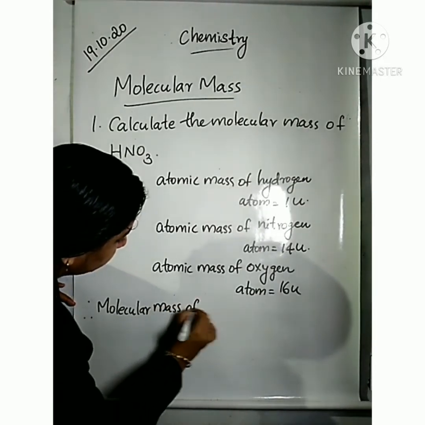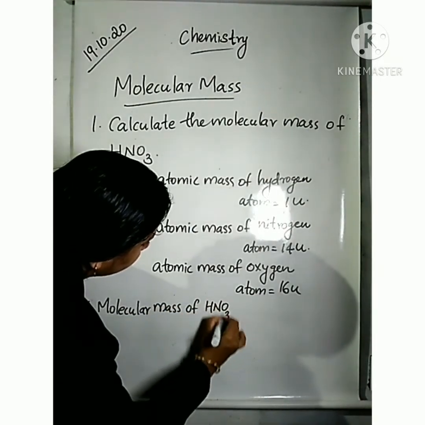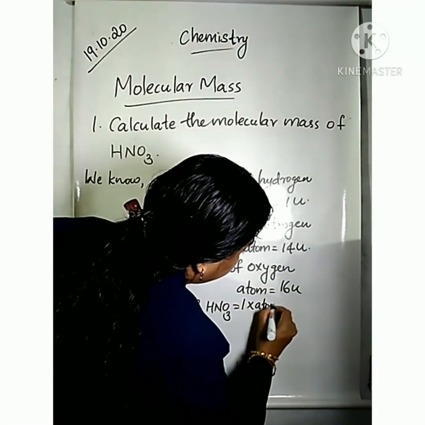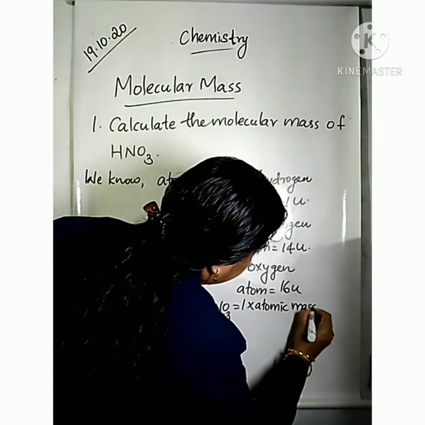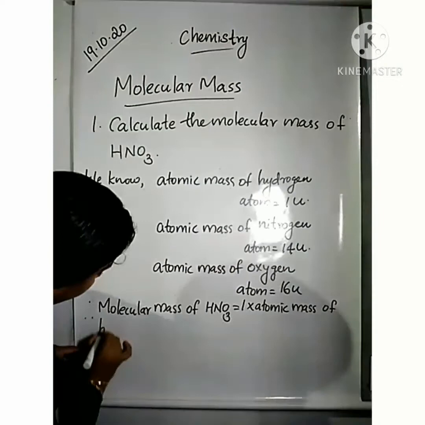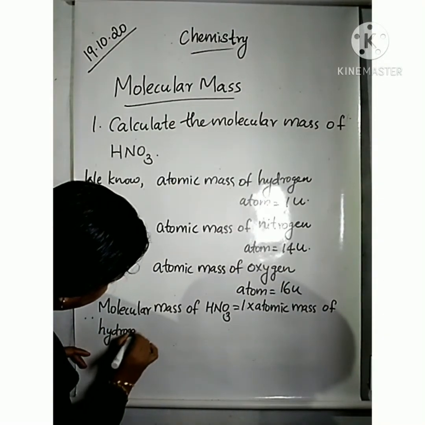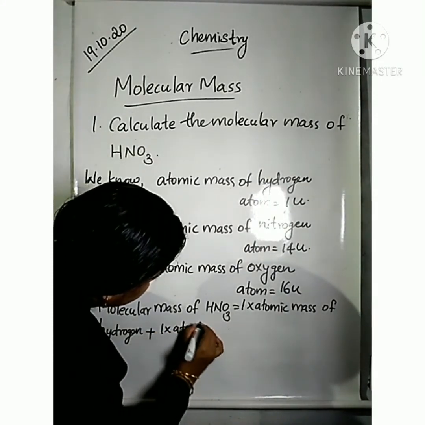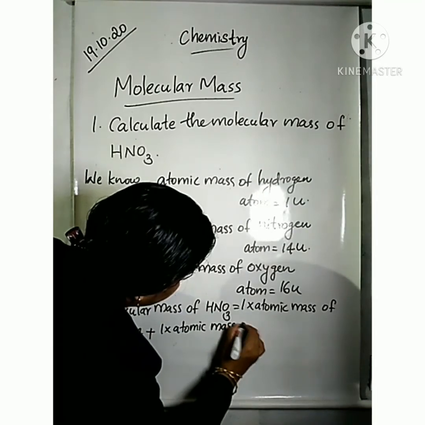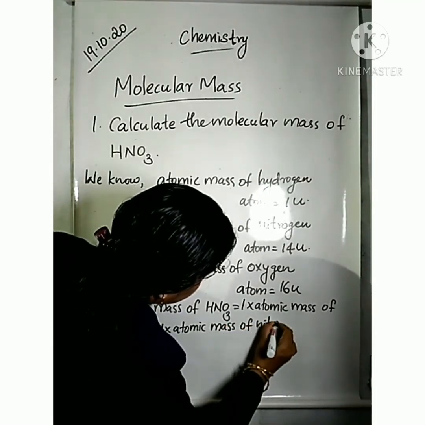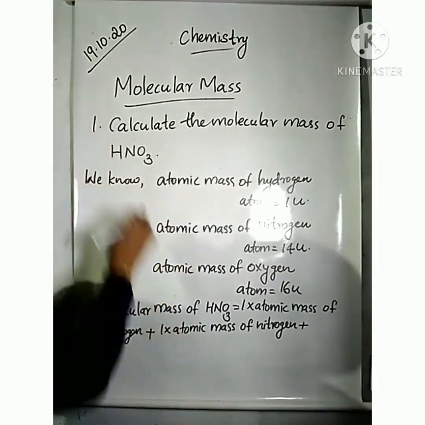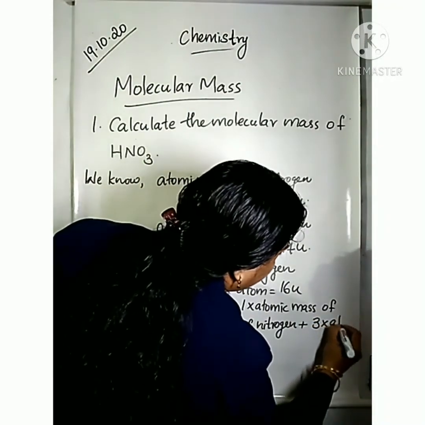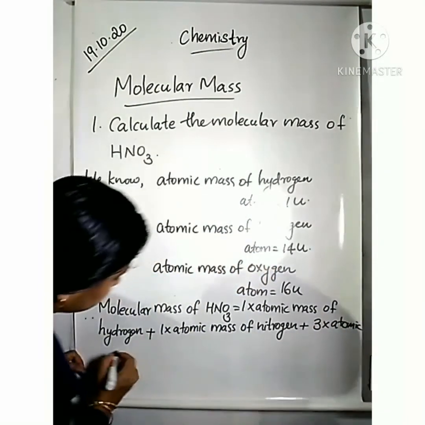So, therefore, molecular mass of nitric acid, molecular mass of HNO3 equals 1 into atomic mass of hydrogen plus 1 into atomic mass of nitrogen and 3 into atomic mass of oxygen.